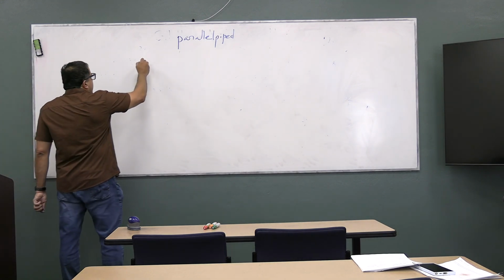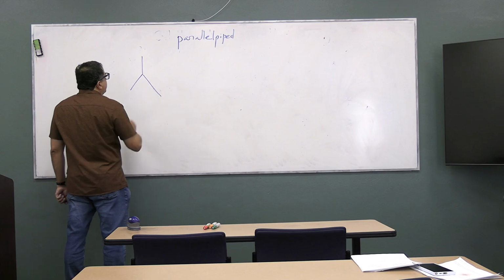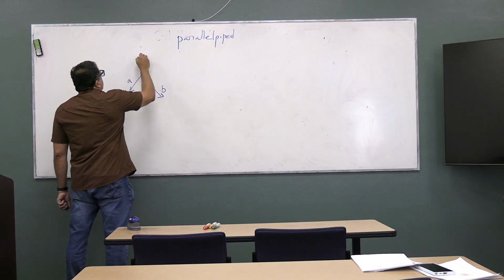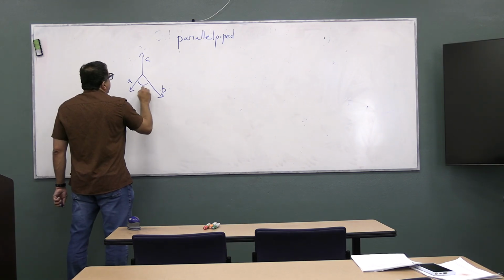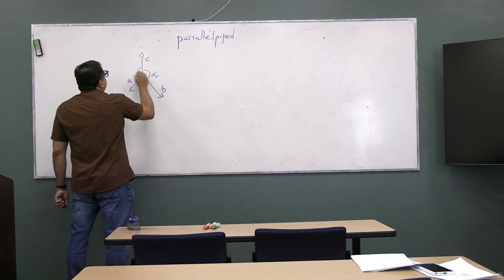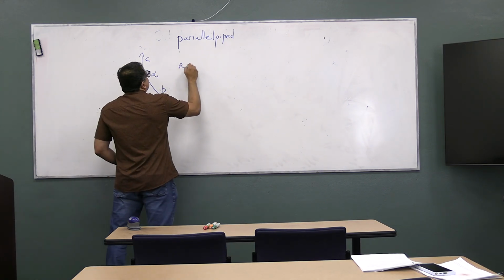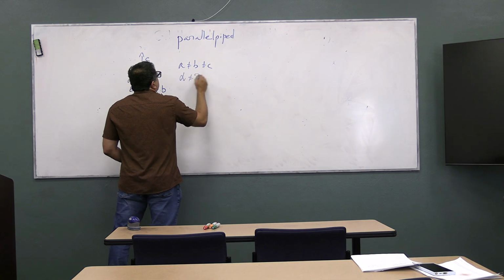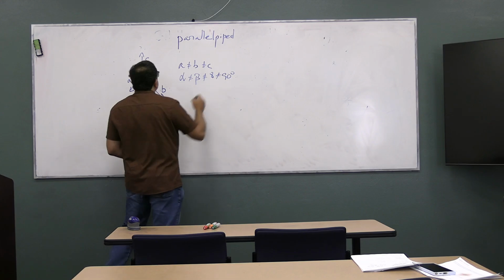Any 3 lines meeting at a point at arbitrary angles, let's call them A, B, and C. We call this angle gamma, this angle alpha, and this angle beta. We say A is not equal to B, is not equal to C, alpha is not equal to beta, is not equal to gamma, and not equal to 90 degrees.